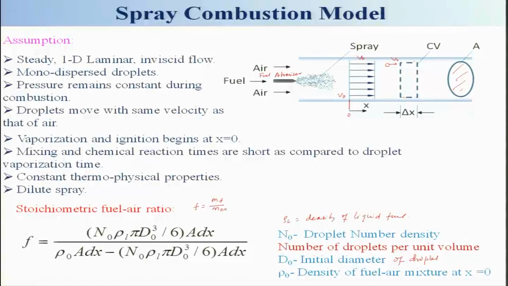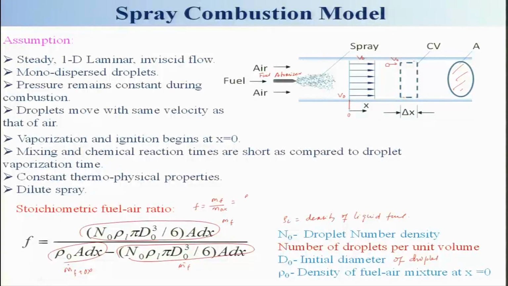So, you can look at it. This portion is the mass of fuel, and this is rho naught, the density of the fuel air mixture, that is, the mass of the fuel plus air, or oxidizer. This is your mass of fuel.